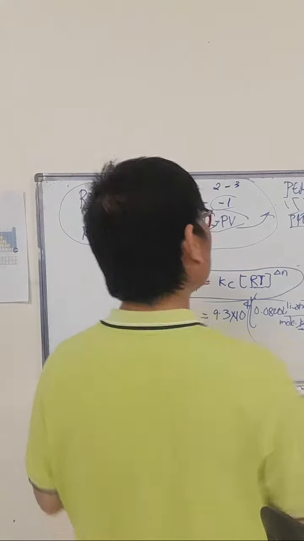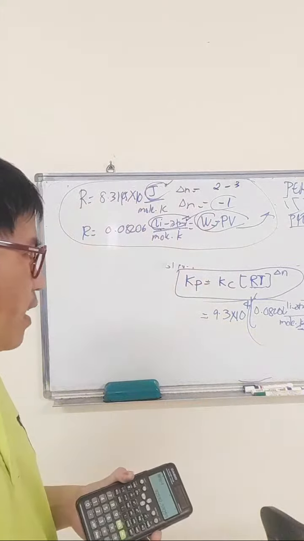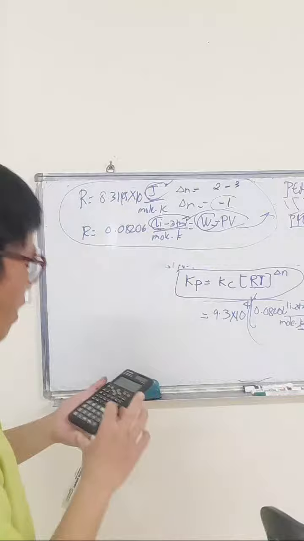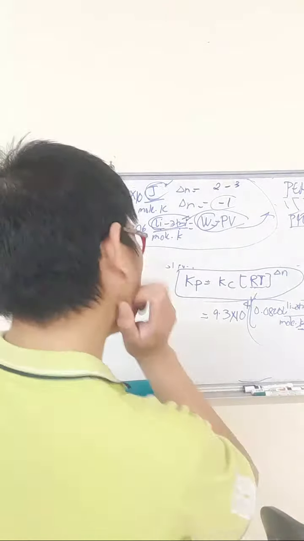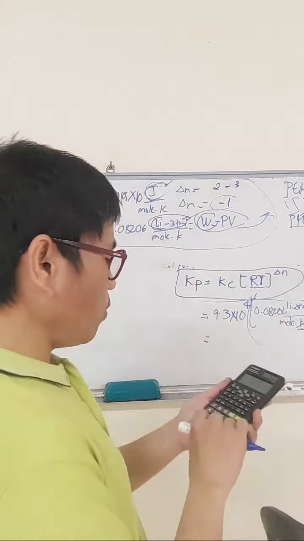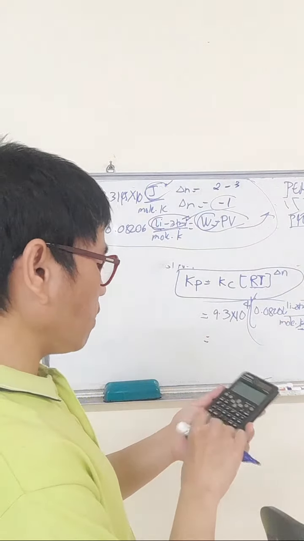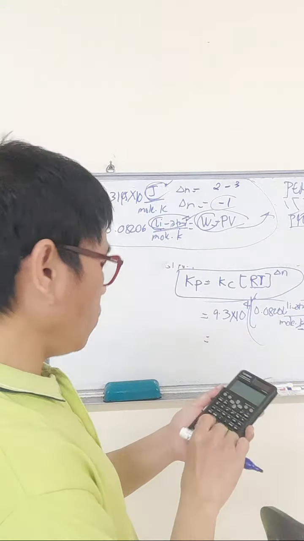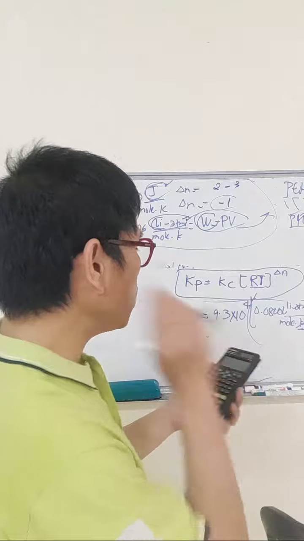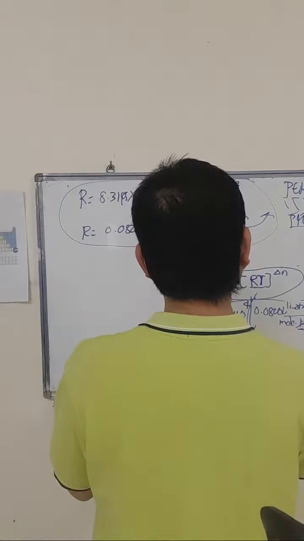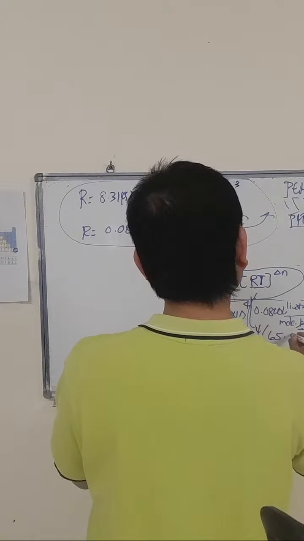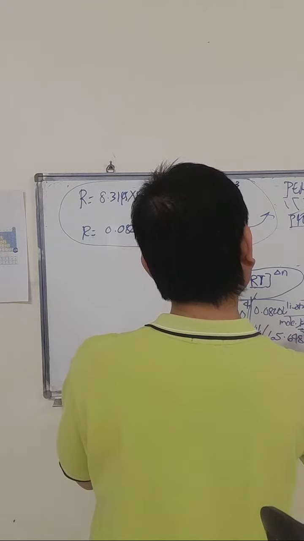Now guys, if we have an exponent of -1, we can directly put that in the denominator. But for me, I don't want to do that, to make it simpler. So let's do this. 0.08206 times 800 is equal to 9.3 times 10 to the 4, and then 65.648, and -1.